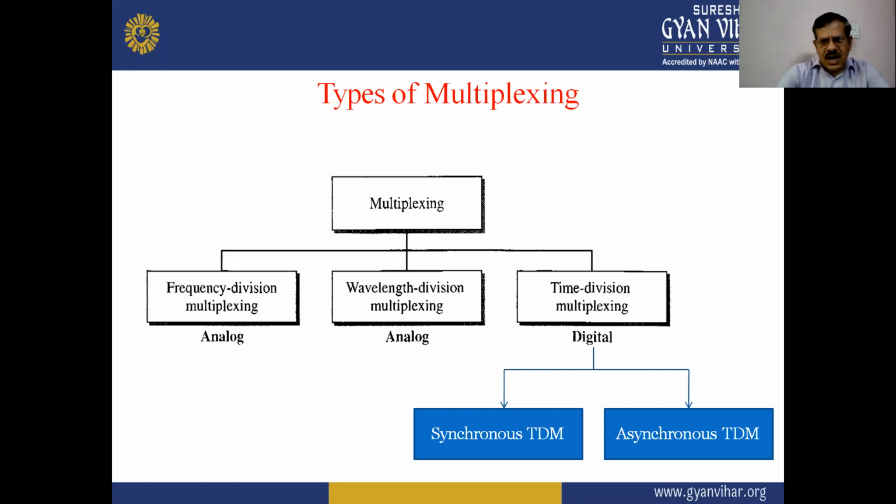And third one is time division multiplexing, which is a digital multiplexing technique. Again, TDM is divided into two types: first one is synchronous TDM and second one is asynchronous TDM. So there are different types of multiplexing in the form of analog as well as digital.